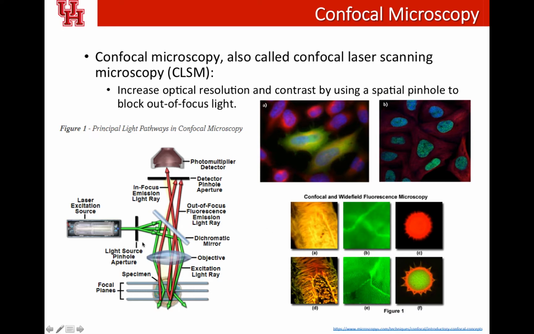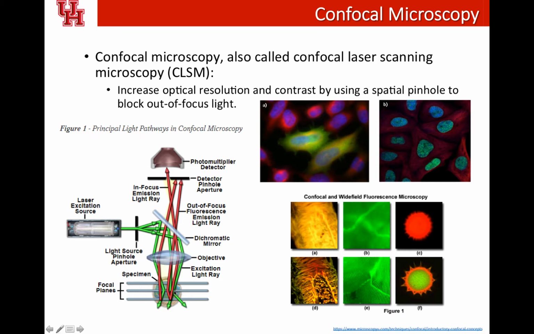What they did is, you still use a fluorescence microscope, with a laser excitation source, or maybe another light source, and then you add a pinhole, called a light source pinhole aperture, in front of your system. Now you have a point source, and you focus on only one location, one spot.